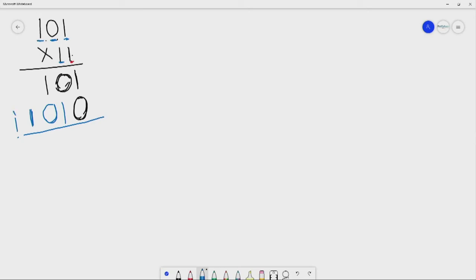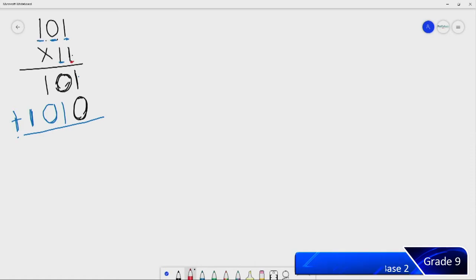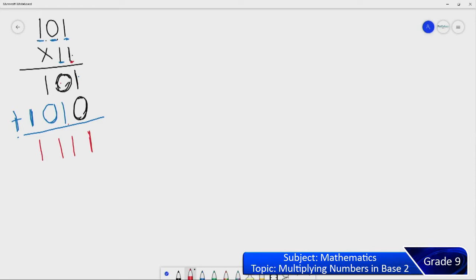Adding them: 1, 0 plus 0 is 0, 1 plus 0 is 1, 0 plus 1 is 1, 1 plus 0 is 1. And because this 1 stands alone, we just bring it to the bottom. So when we multiply 101 by 11 in base 2, the answer is 1111.